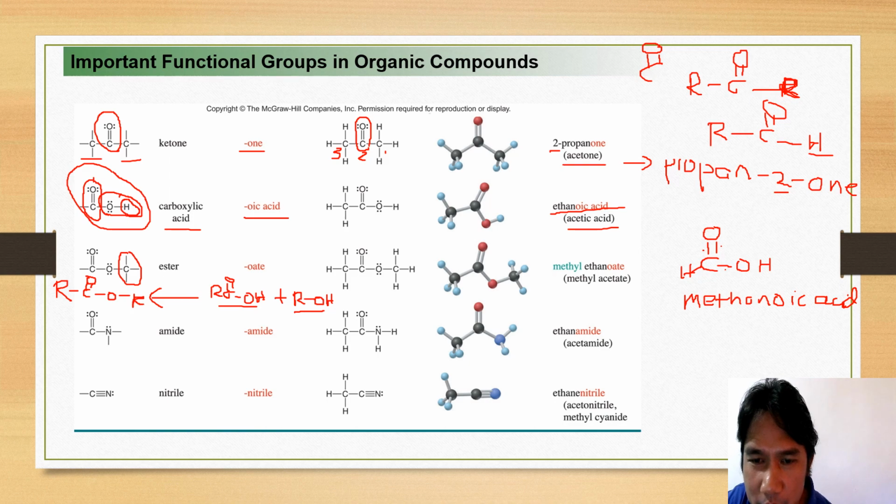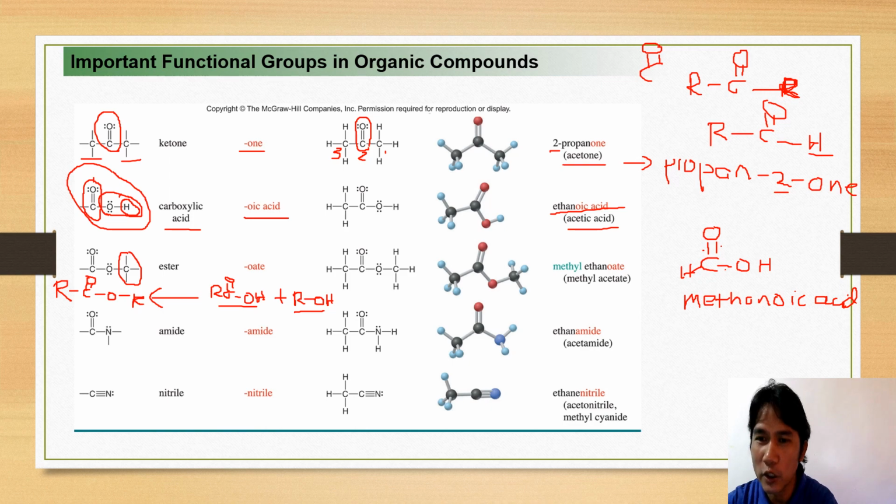All right. Now next is amide. Amide is a carbon with double bond and it's connected to a nitrogen atom. As you notice, when amide is named, it ends with amide.